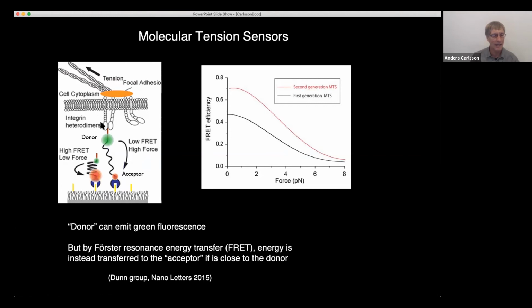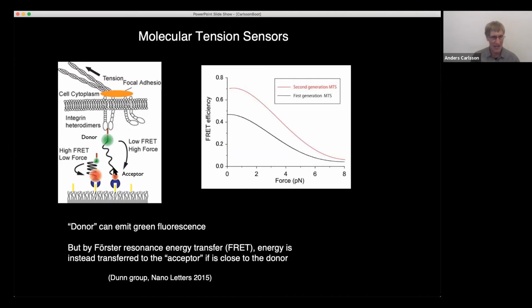Instead, they made this construct where it links to the substrate via an elastic entity that can stretch or be unstretched. So you have both these possibilities. The length of the spring will be determined by the tension. If the tension is high, it'll be stretched. If it's low, then it'll not be stretched.